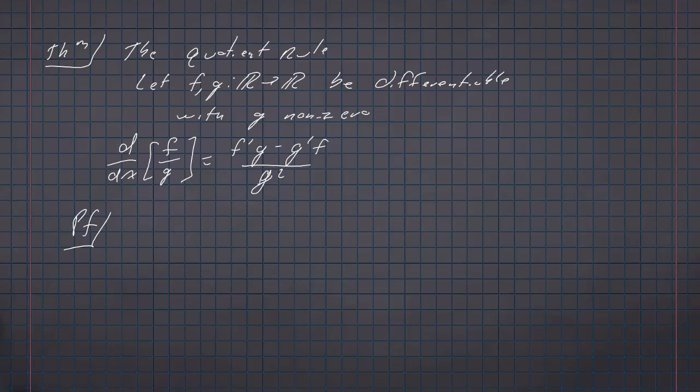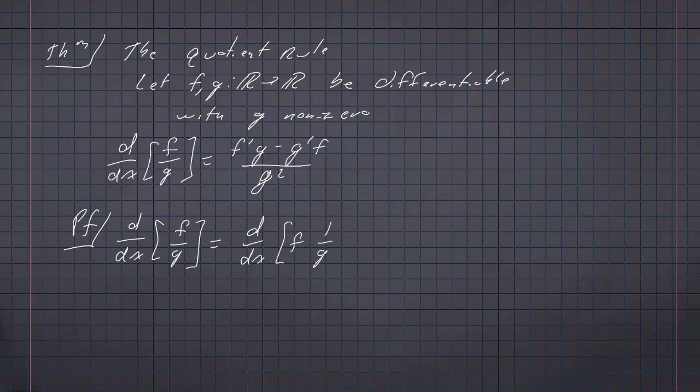And to prove this, I will combine the lemma with the product rule. The derivative of f over g is the same thing as the derivative of f times 1 over g.